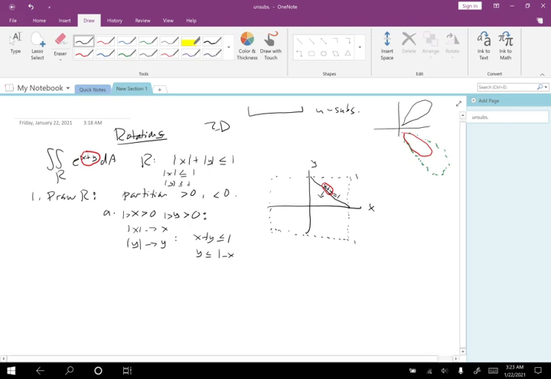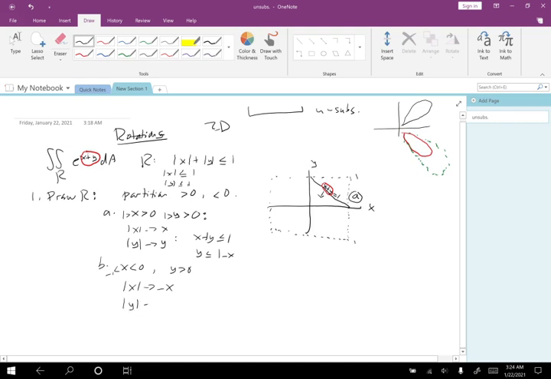So let's go to case B. I'm also going to label this A. Now let's do case B, where x is less than 0, and really it's greater than negative 1 by symmetry, and y is still greater than 0. Okay, so that means absolute value of x goes to negative x, because x is negative, so we need to negativize it.